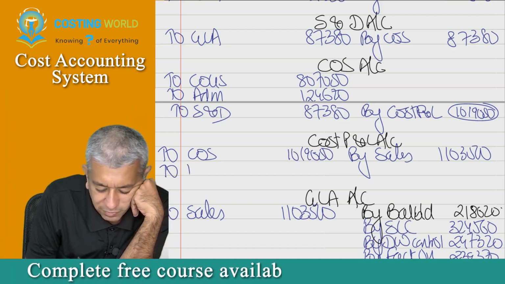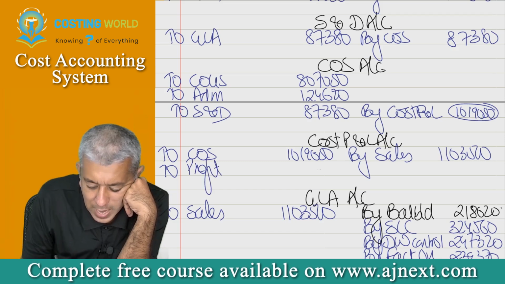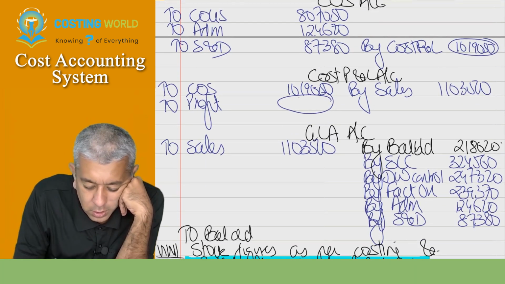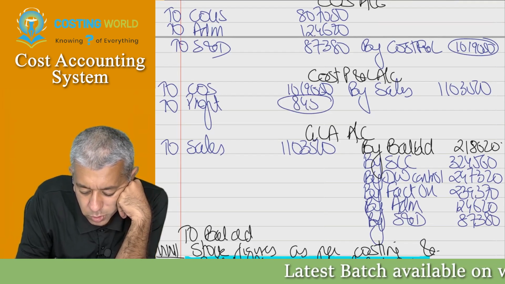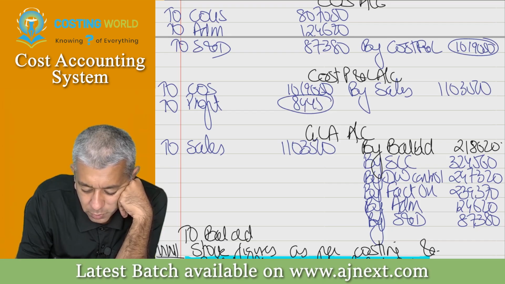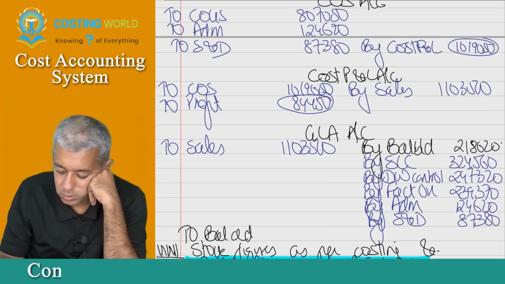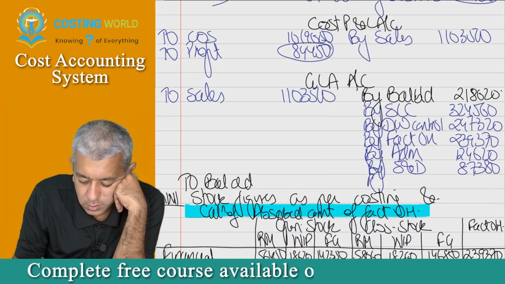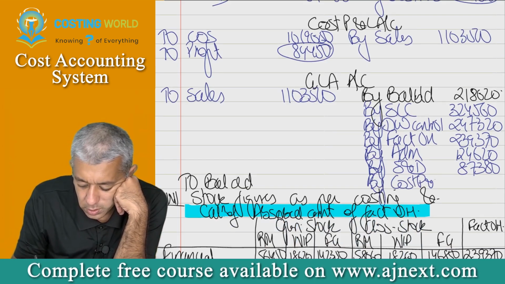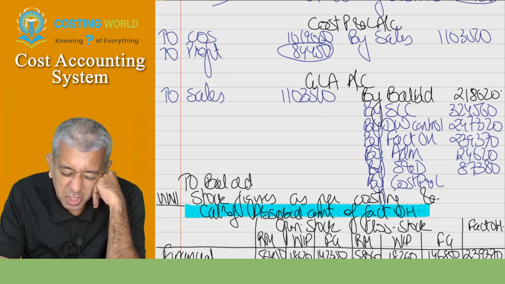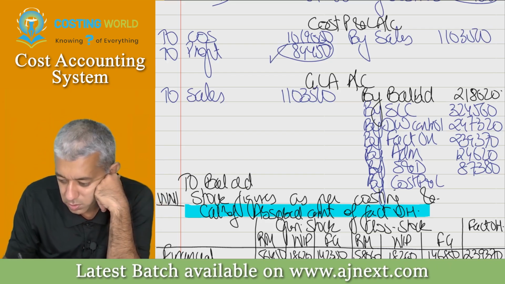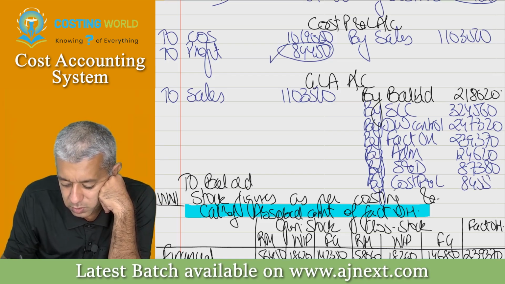And this profit has to be the profit that you get in your reconciliation account also. Check your textbook, 84,450. This should be the profit as per cost accounts. If it is, then it is all okay. Somebody might think, sir, if it is not coming to that, then you have done something wrong. What else to say? 84,550.